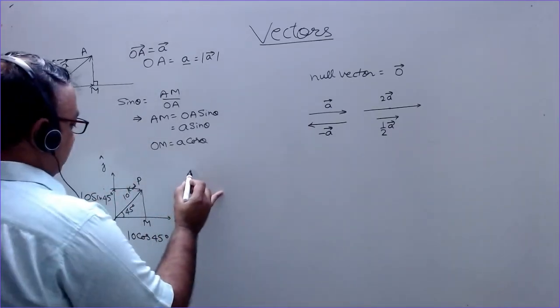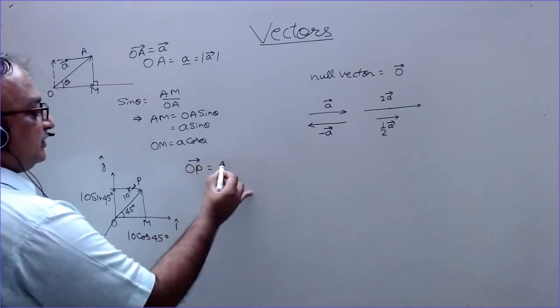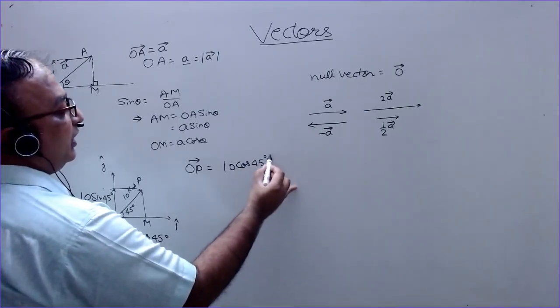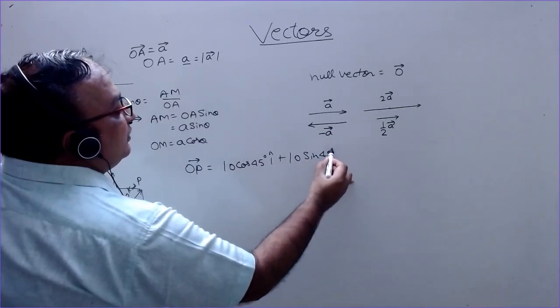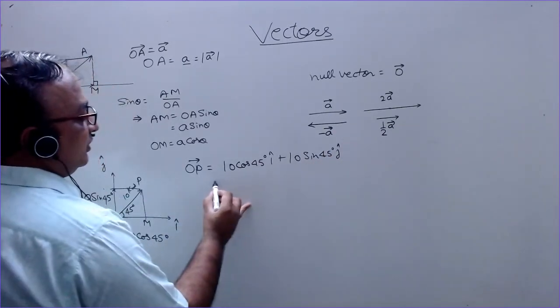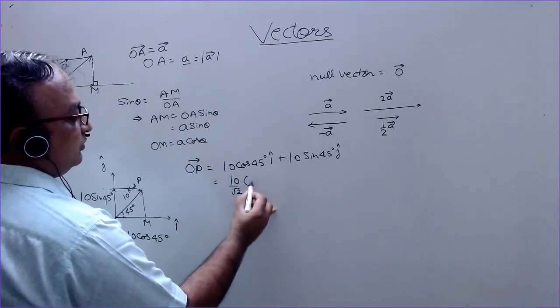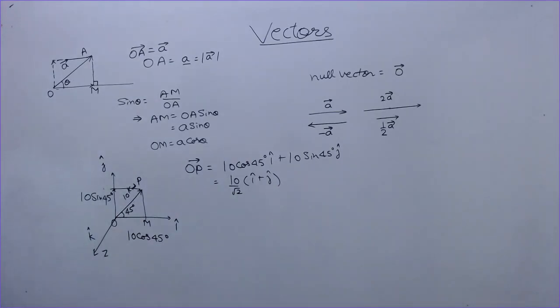I can write vector OP in the form of components as 10 cos 45 i plus 10 sine 45 j. So 10 by root 2 times (i plus j). This is how you can represent the components of a vector.